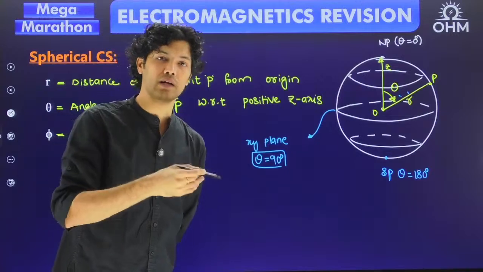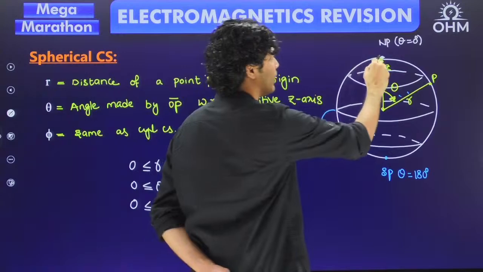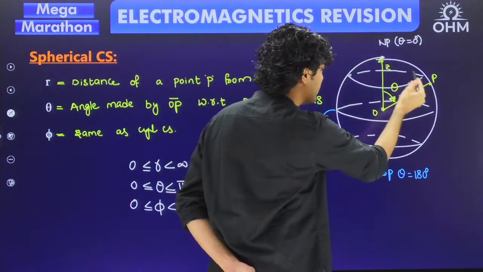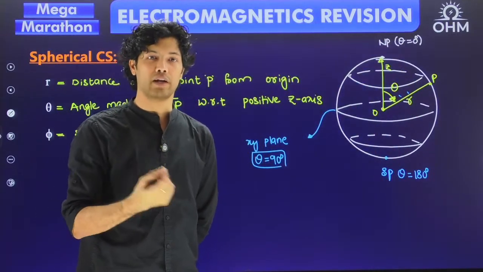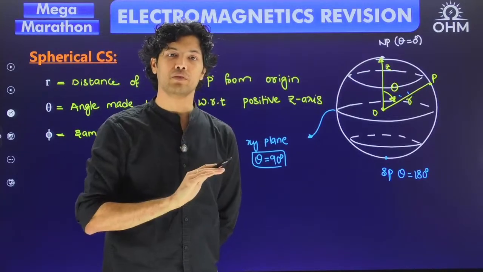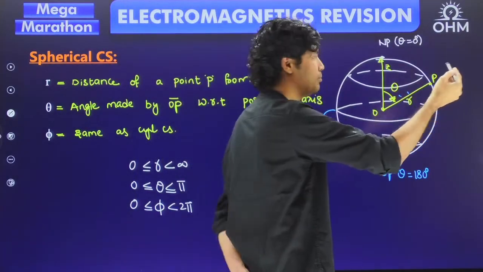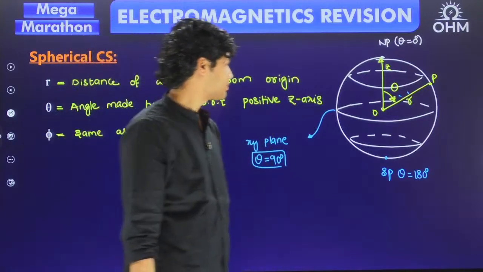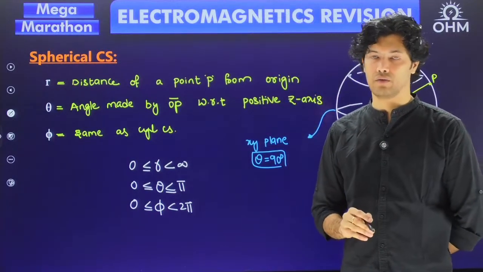So on Earth there are 2 ways to move along a circle: from north pole to south pole, which is a semicircle, and along a full circle. Latitude movement means phi movement, and longitude movement means theta movement. If you are going towards or away from the center of Earth, you are moving along the r cap direction. But the important part here is the ranges of r, theta and phi.